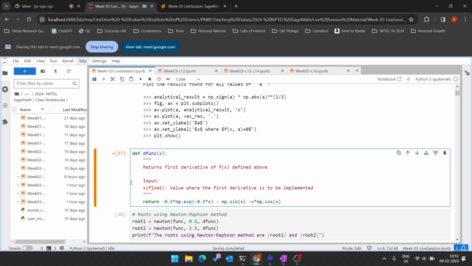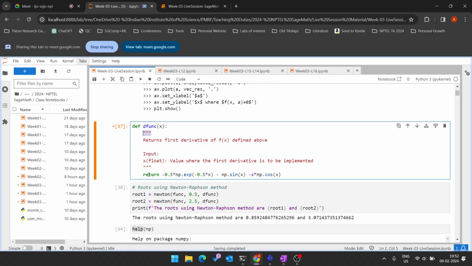Suppose I write a description inside the function. So I'm writing a description inside the function by using these three, what are these called, inverted commas, double inverted commas. So if I write this sort of description between two of these things, right?